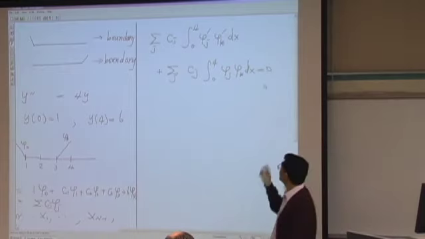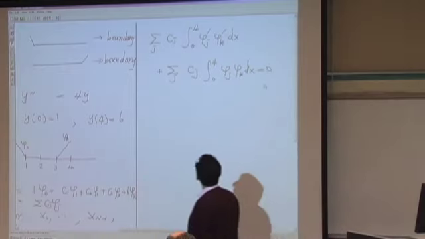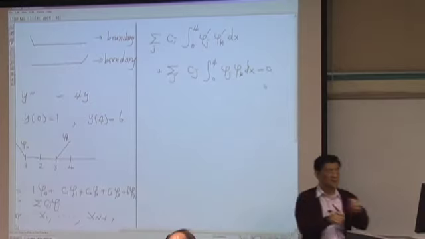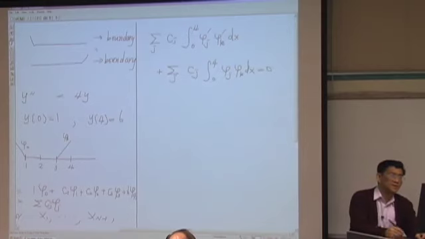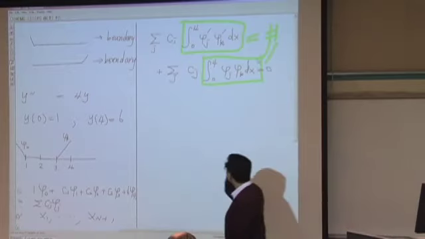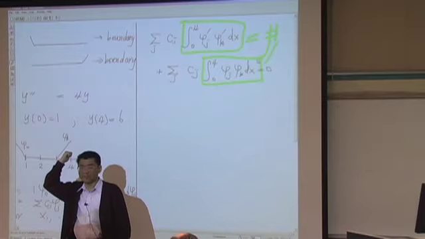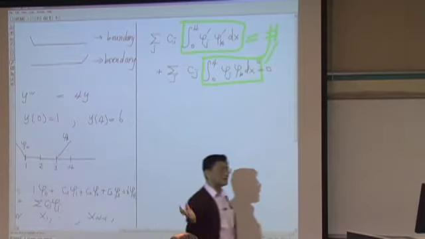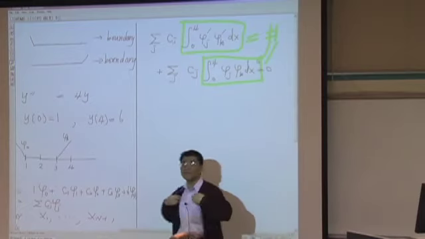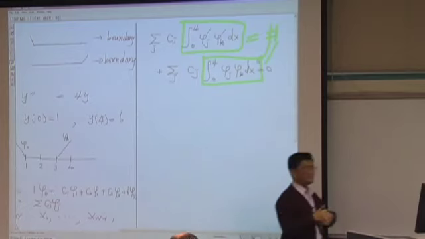I just switch integral and sum. So here, all these are numbers. And we will calculate these numbers. And with these numbers, we can create a system. Any questions? Then let's do it.